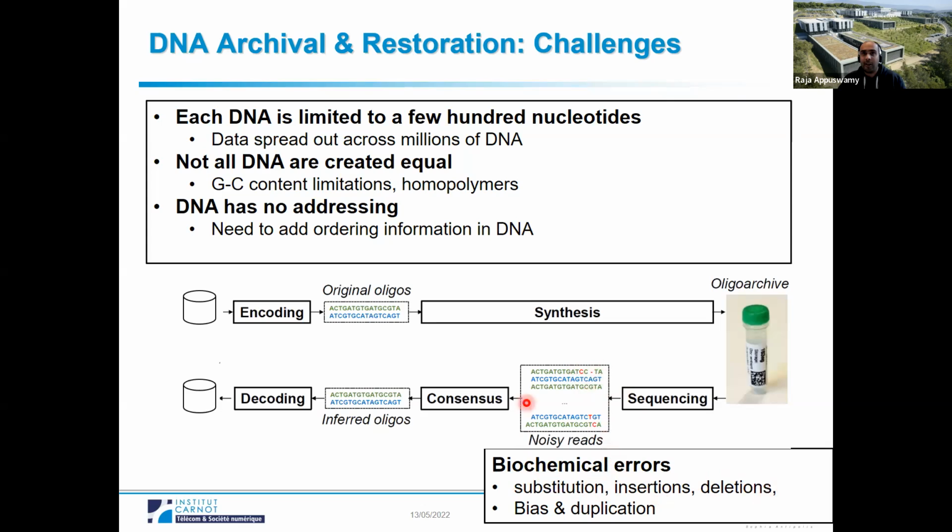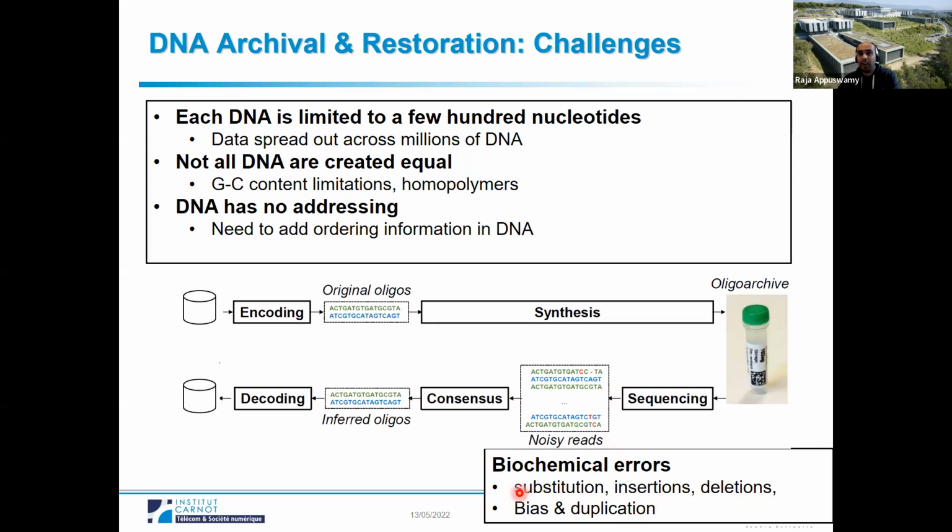Viewing the DNA as a communication channel, it's an absolutely nasty channel. Most coding theorists prefer to work only with channels that have substitution errors, because for insertion and deletion errors, even today in coding theory, we do not have very clear methods that give you solid bounds in terms of recoverability.